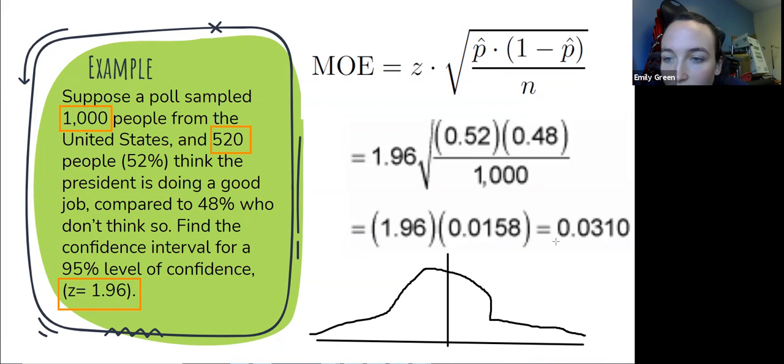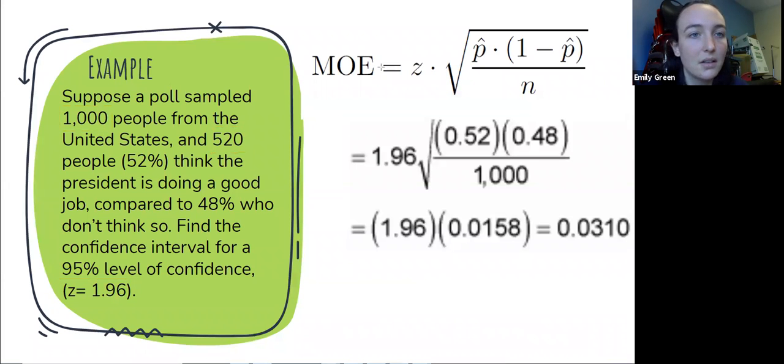And the 0.031, that's our margin of error telling us if we go plus 0.031 or minus 0.031, that is going to be our confidence interval. So we're just moving plus and minus away from the proportion. And that's going to give us the interval that we think will include the mean. That's really what we're saying here.